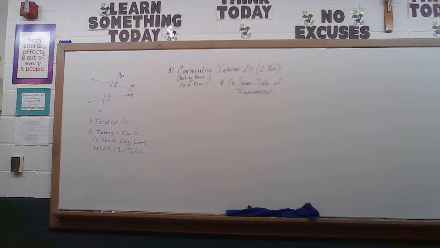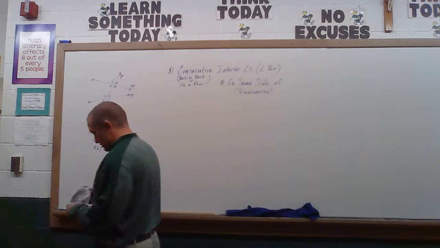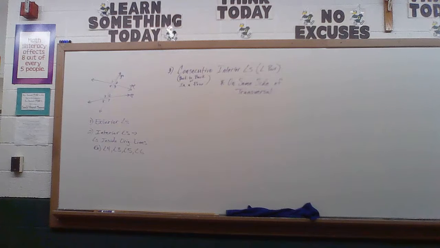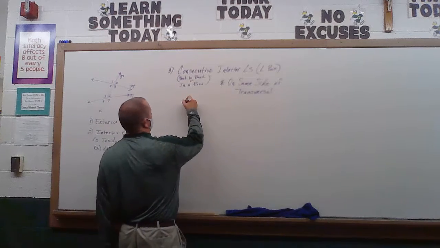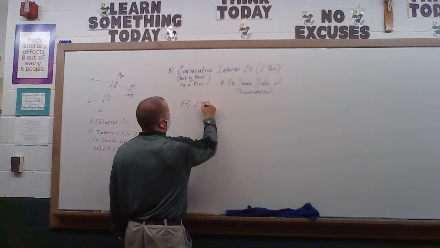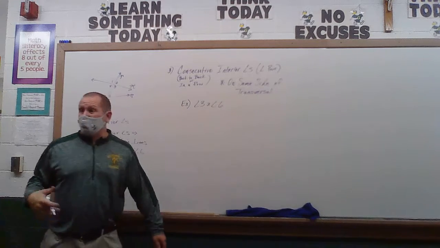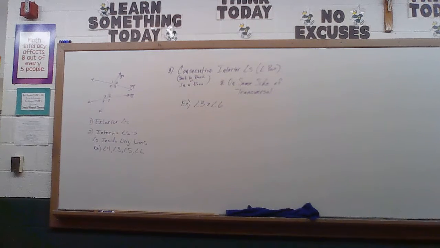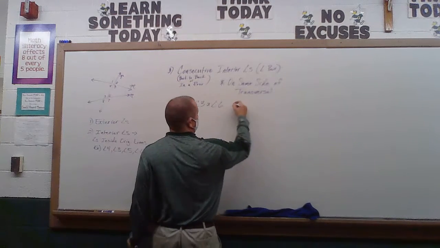What angle pairs, meaning two, are back to back or in a row inside the lines and on the same side of the transversal? 3 and 6. You the man. So one set, angle 3 and angle 6. And again, when we do this on Monday, consecutive interior angles are going to be special. But because we're not talking about parallel lines, particularly in this section, they're not as special. Okay? What's my other group? 4 and 5. Perfect.